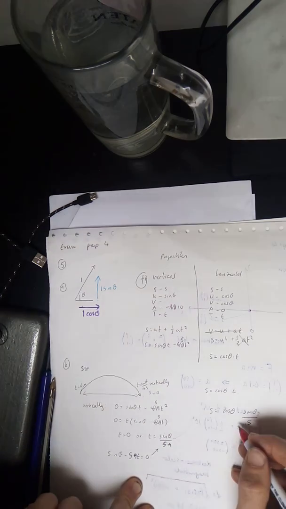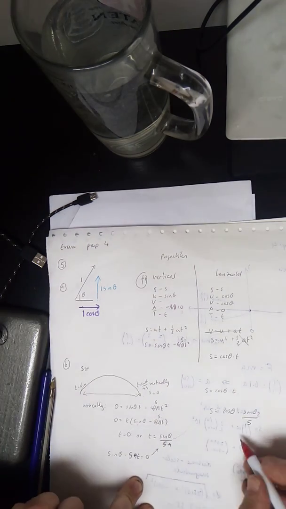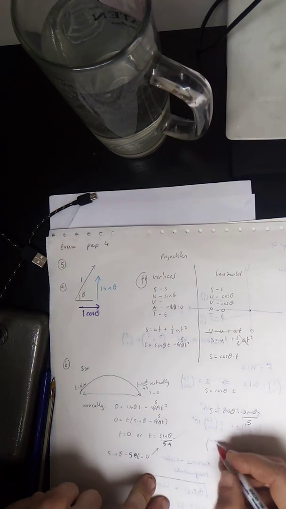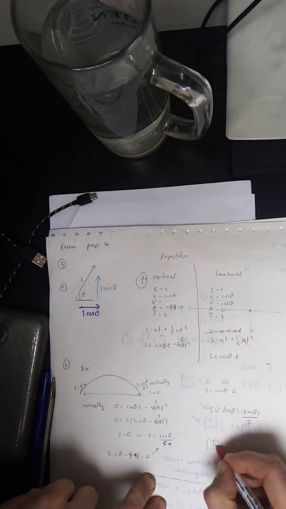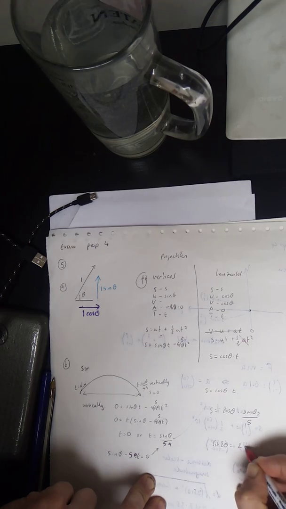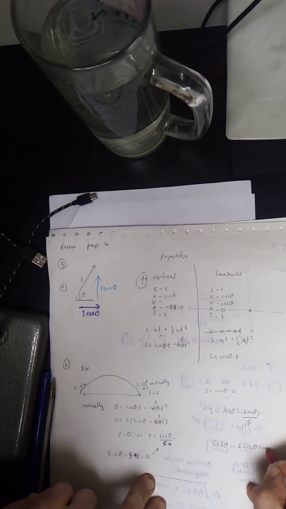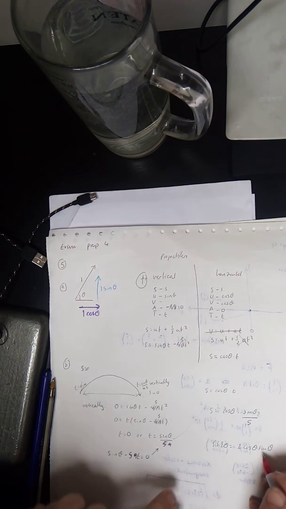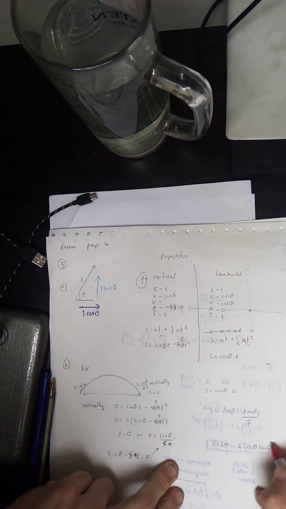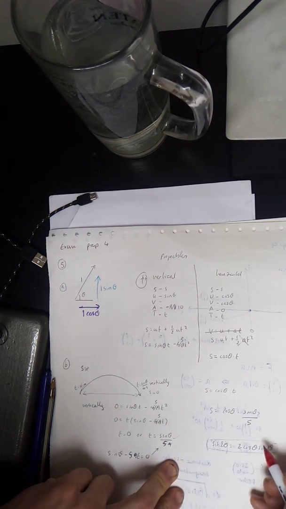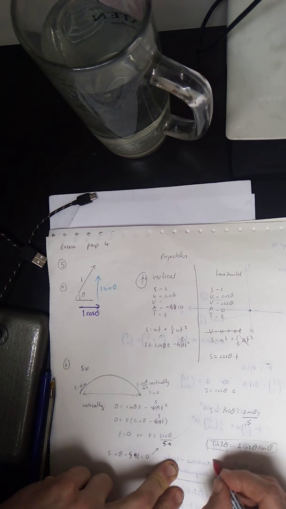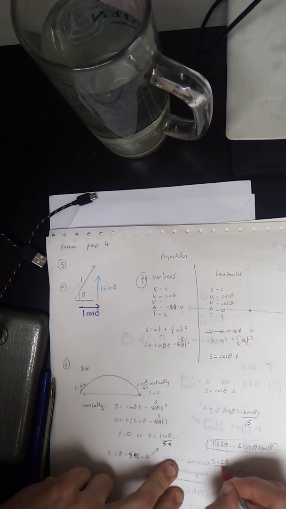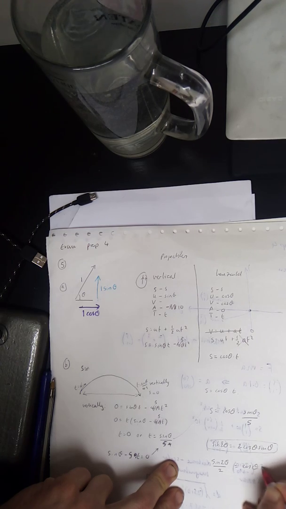Now, we've got this sine 2 theta. We're not using the fundamental trig identity, we're using the double angle formulas. Sine 2 theta is equal to 2 cos theta sine theta, and multiplication is commutative. So sine 2 theta over 2 is equal to cos theta sine theta.